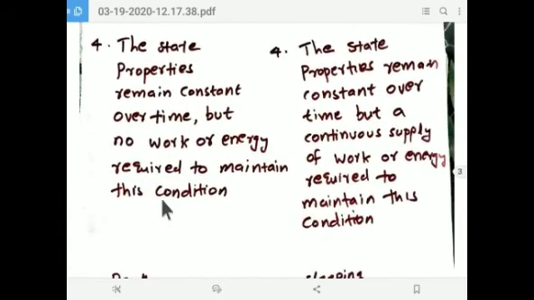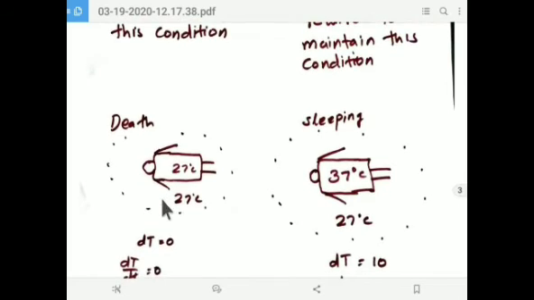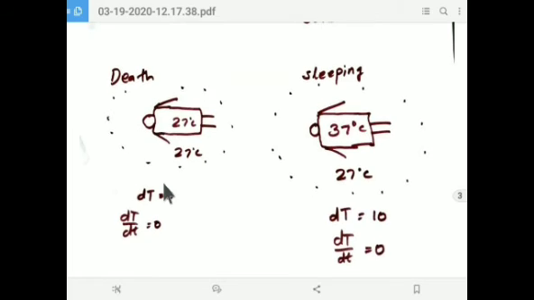How? Just check this. In death, our body temperature will reduce, and the surrounding temperature is 27, so the body is in thermal equilibrium. At that time body temperature is reduced, so dT is equal to 0 and dT by dt is equal to 0. But during sleeping, many biochemical operations are going on in our body, and our body is just like a chemical industry.